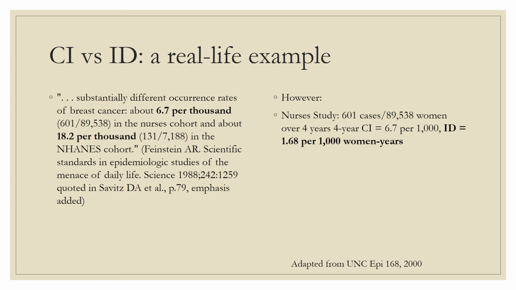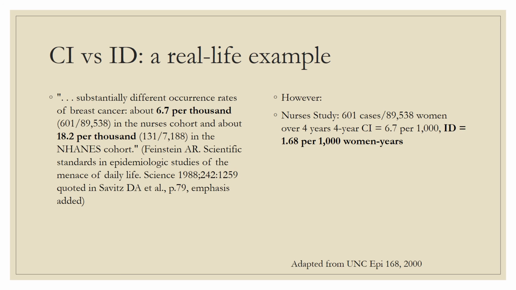But upon further examination, in the Nurses study, what they did is they divided the 601 cases of breast cancer by the population, which was almost 90,000 women. They studied them over 4 years. So the cumulative incidence is 6.7 per thousand. You don't need to worry about how to calculate incidence density.